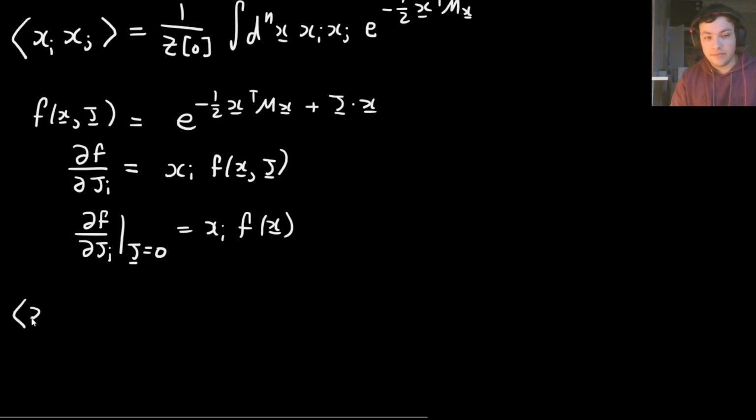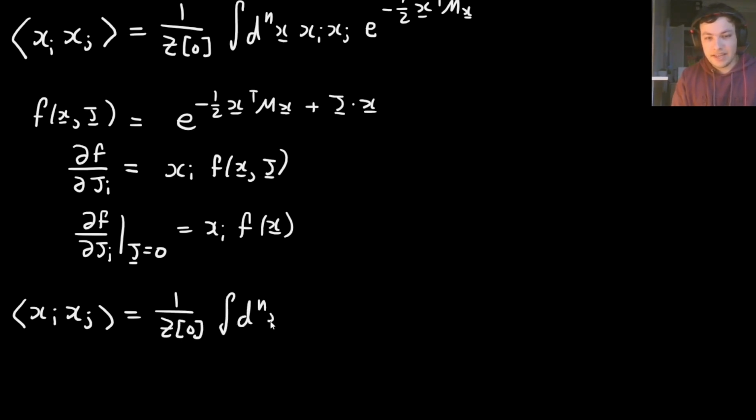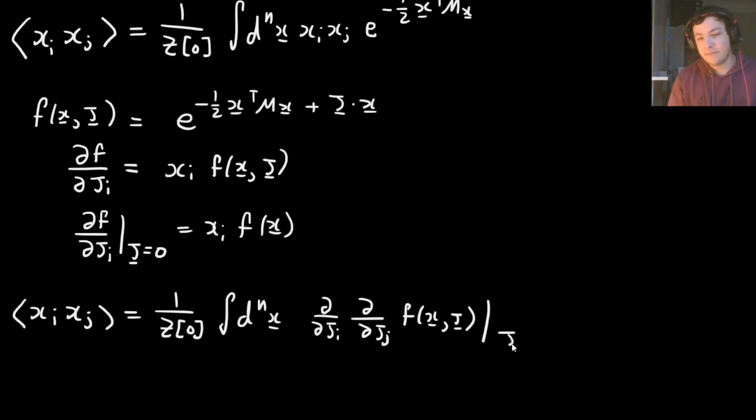So we can write that expectation of x_i x_j is 1 over Z_0 integral d^n x, not x_i now, d by dJ_i d by dJ_j of f(x, J) evaluated at J equals 0.